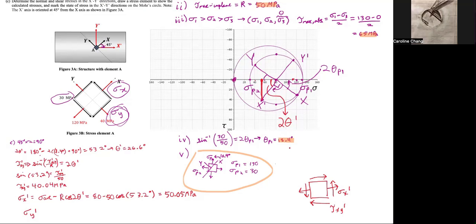It will be sigma average plus r cosine 2 theta prime, which is equal to 80 plus 50 cosine 53.2 degrees, which is equal to 110 megapascals.